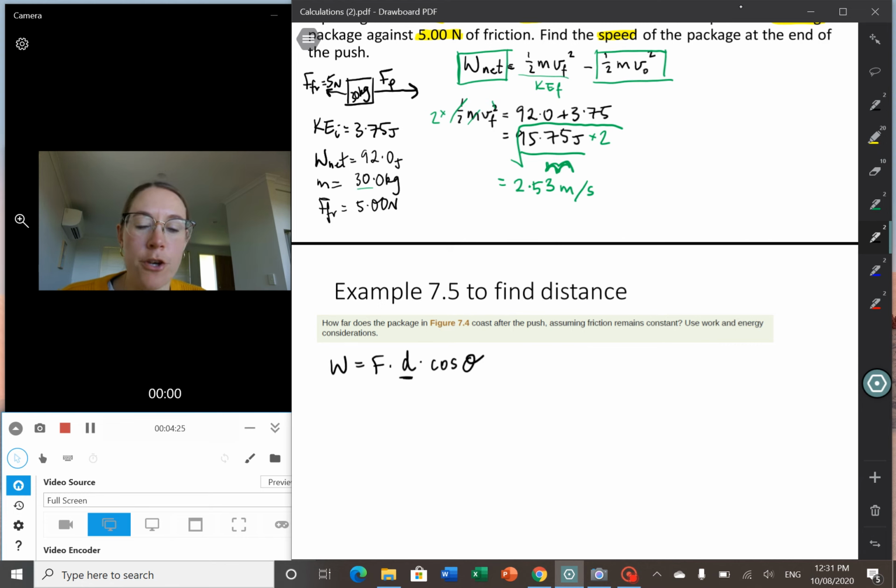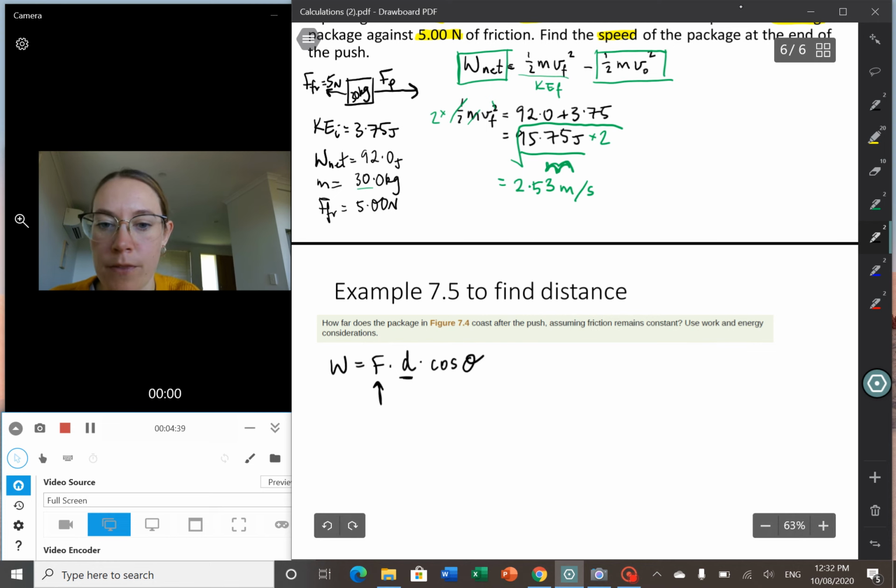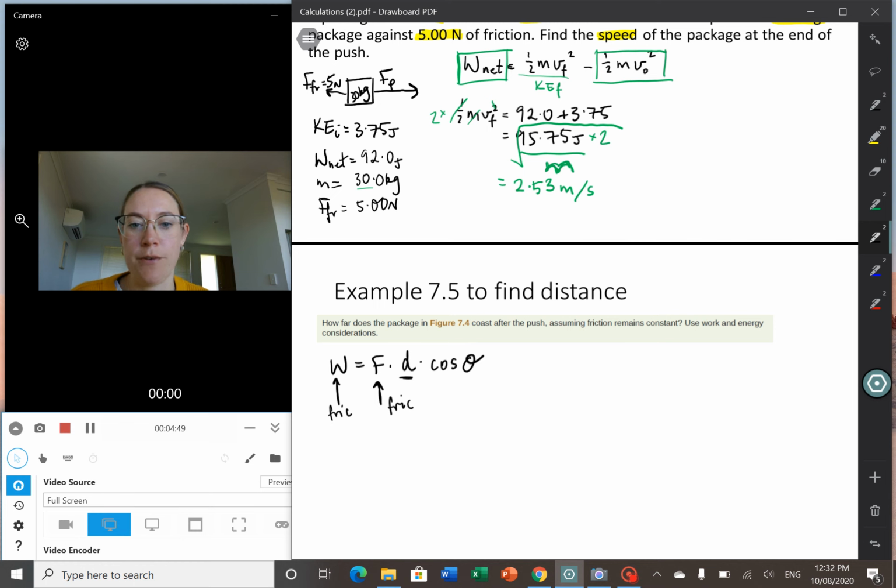Now, the friction force is the only force that applies to the scenario because the pushing is finished, so there's no push force anymore. So the frictional force is the only one we're interested in, which means that this is our frictional force. And therefore the only work being done is also work by friction.